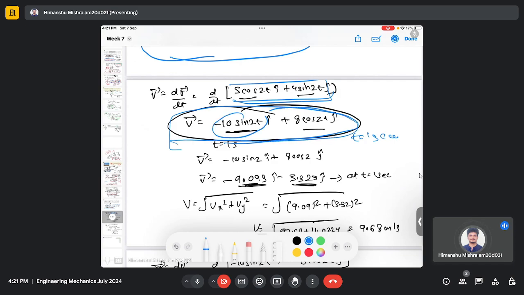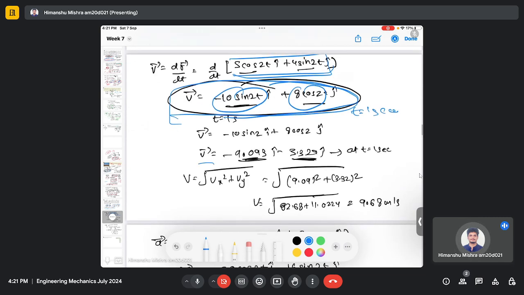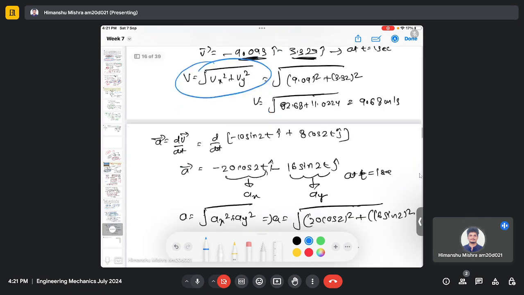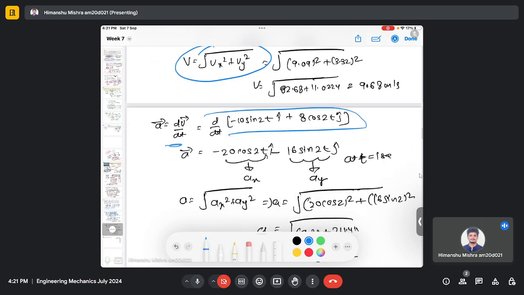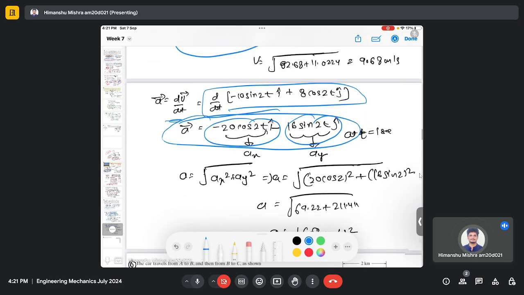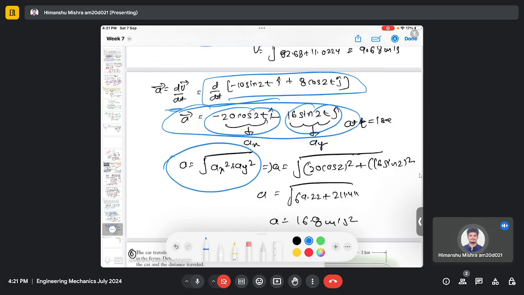So this is the x component of velocity and this is the y component of velocity. Then we use this relation to find the overall magnitude of the velocity. In a similar manner, we define the acceleration as the rate of change of velocity vector in time. When we differentiate this velocity vector, we get the acceleration vector. So this was our x component of acceleration and this is our y component of acceleration, and we use this expression to find the magnitude of acceleration.